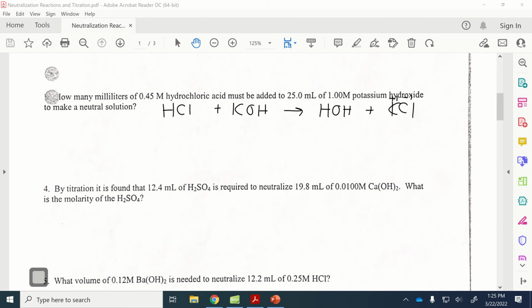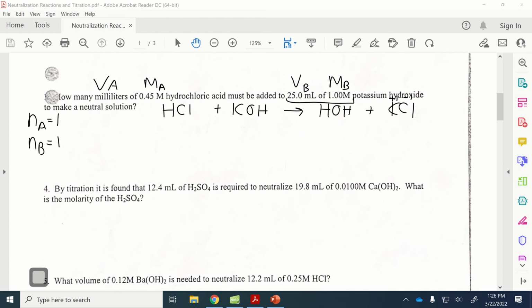So if I write out what I have, my Ma right here, 0.45 molar hydrochloric acid, and this is the molarity of the base, 1, and the volume of the base, 25. I want to figure out the volume of the acid, and Na is equal to 1, and Nb is also equal to 1.